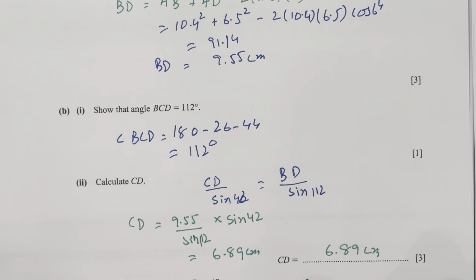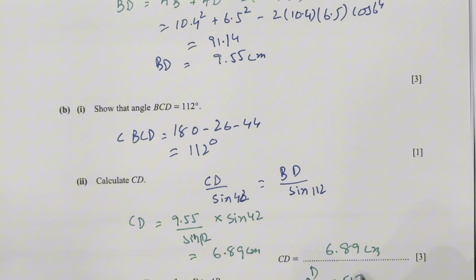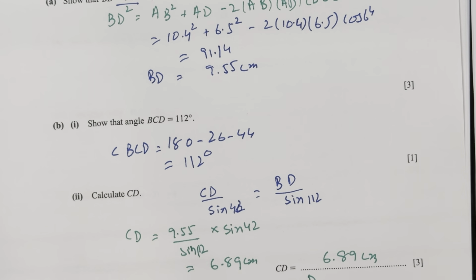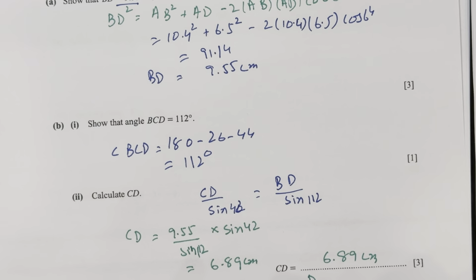A, B, D, this is 10.4, and this we need to find, the H. This is 6.5, and this is 9.55.